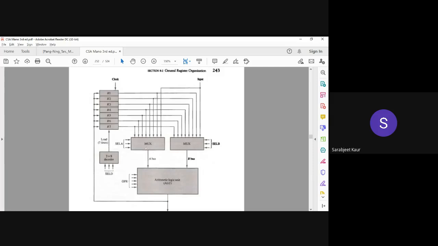Now I have 2 multiplexers here. What is the purpose of having 2 multiplexers here? These registers actually store operands in them. So if I have to do a certain arithmetic or logical operation on the operands which are stored in the registers, then those 2 operands, let's say most of the operations are binary, right?